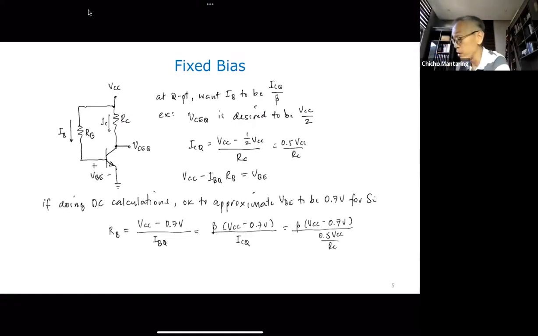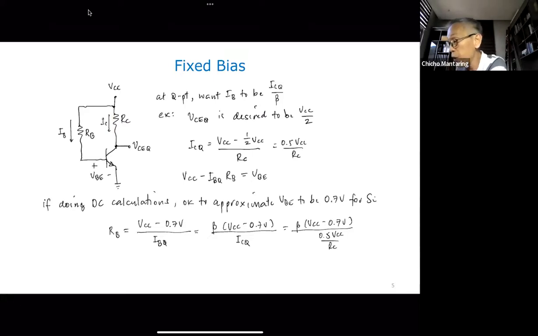That's just our example. Okay, so this is your fixed bias. So this is how you will compute for the value of RB given a desired value of ICQ.